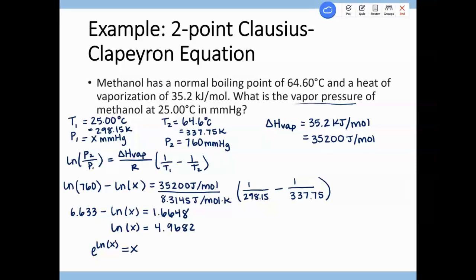So the natural log and the e cancel each other out, we just have x. So if we take e to the natural log of x on the left, then we have to take e to the power of 4.9682 on the right. And that will give us our final answer. That will give you a numerical value. This is 143.8.